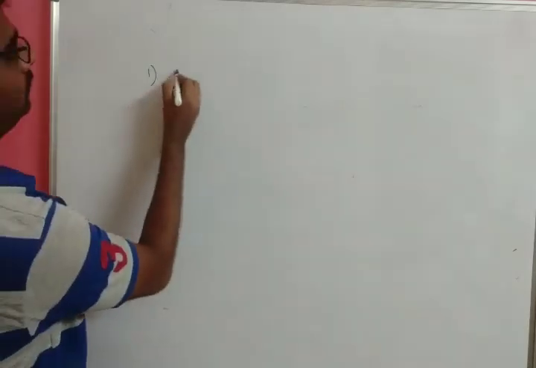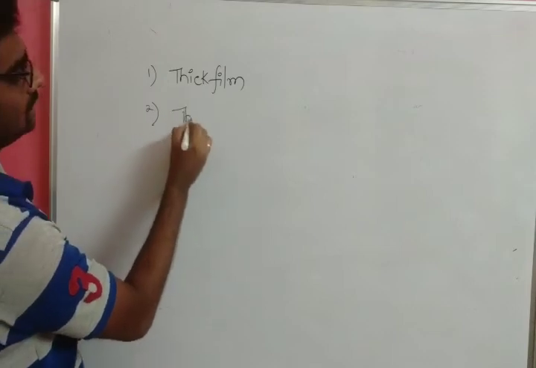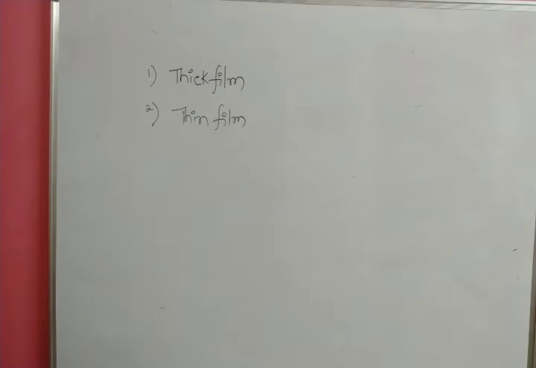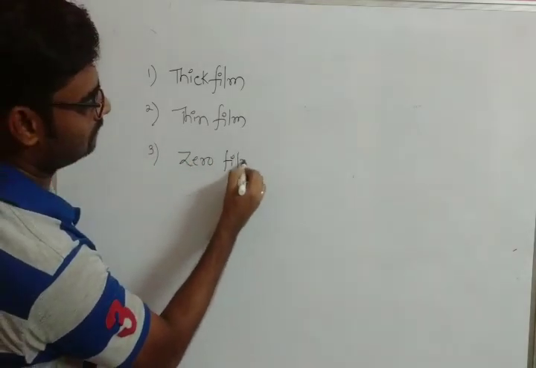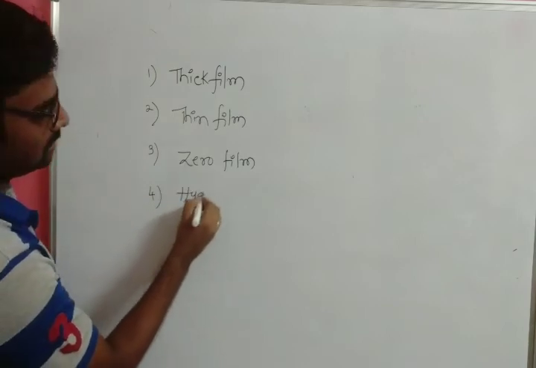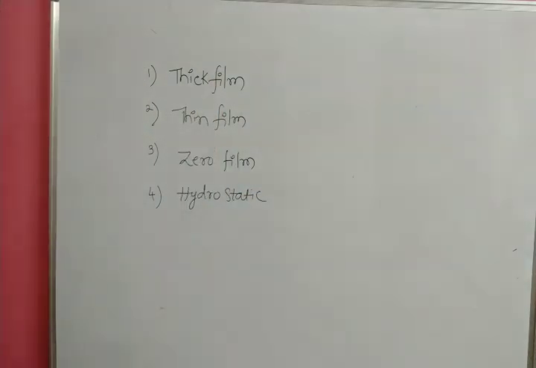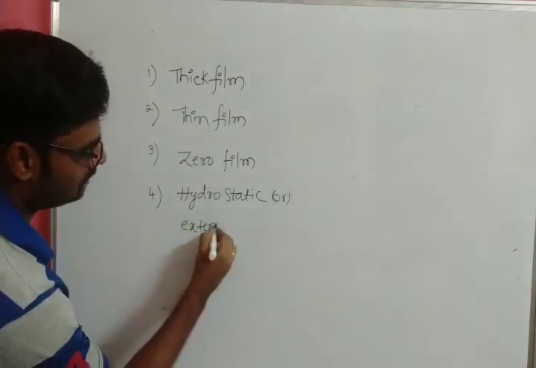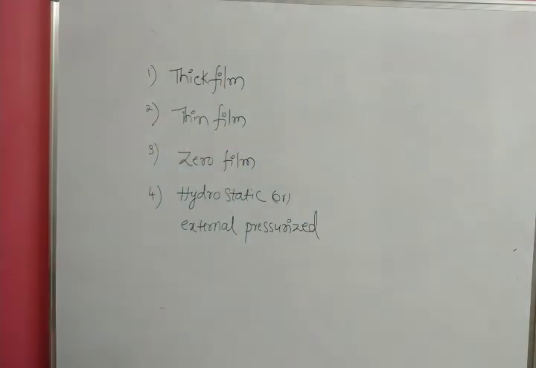The first one is thick film bearings, the second is thin film bearings, the third is zero film bearings, and the fourth is hydrostatic or external pressurized lubricated bearings.